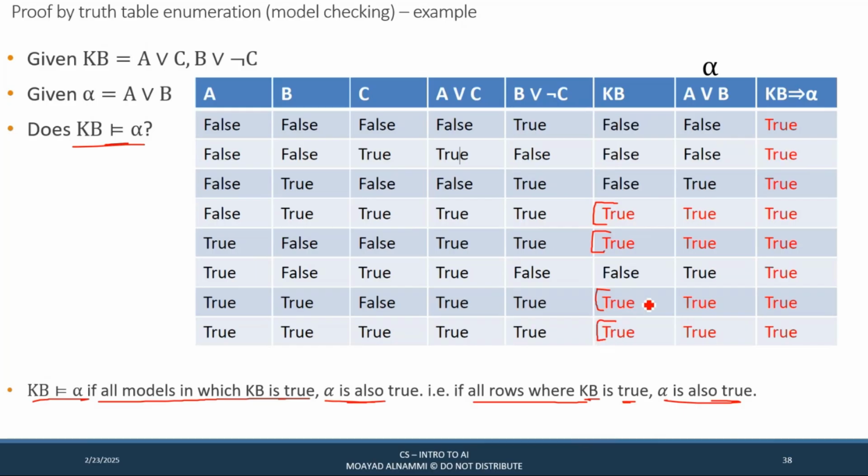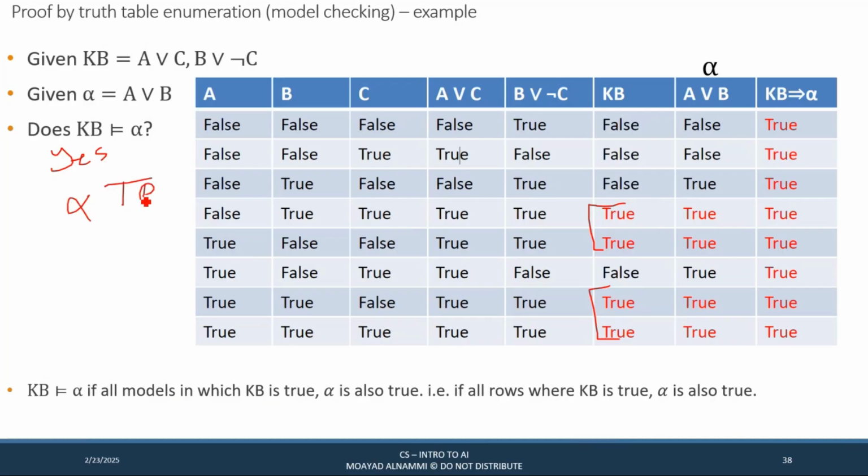In all of these rows, you can see that alpha is also true. So the answer to this question is yes. If this were false, we would just need one, then the answer would be no. Based on what we have here, the answer is yes.